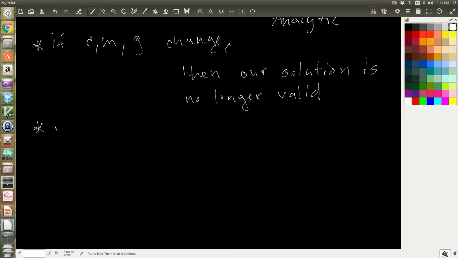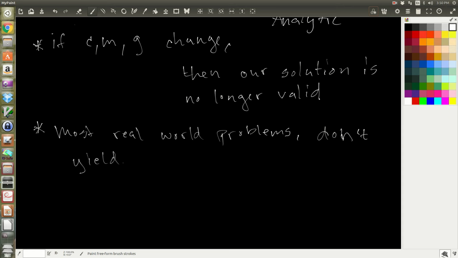So most real world problems, or more complicated mathematical models that represent them, don't yield analytic solutions.